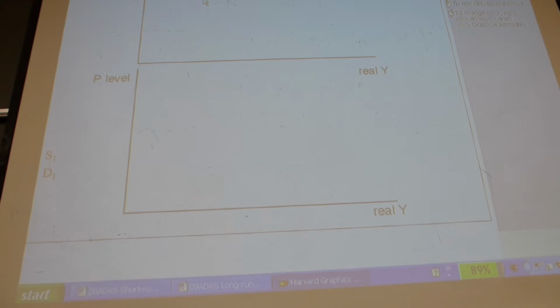Okay, so that's going to be this. Up here, you've got the 45-degree line, say like that, and you've got aggregate expenditure like this.